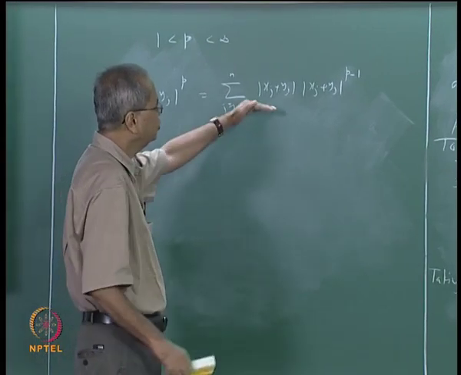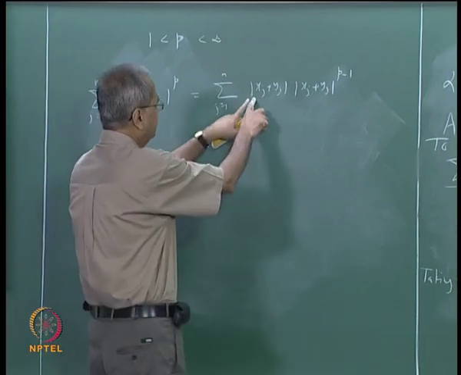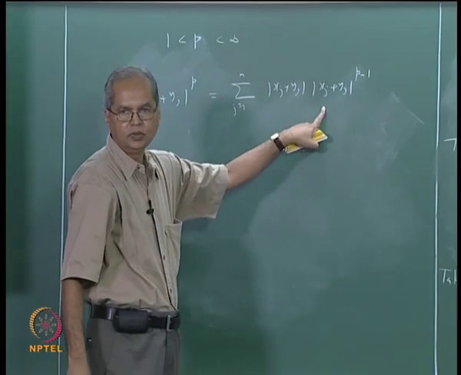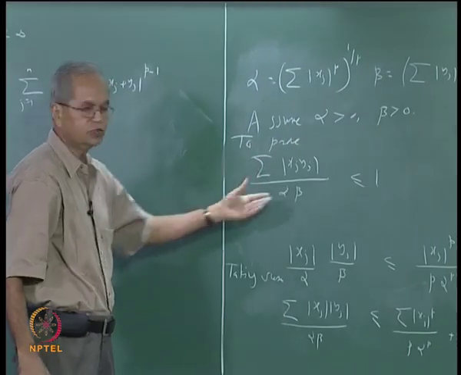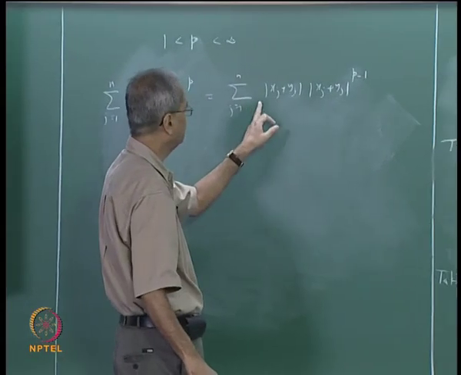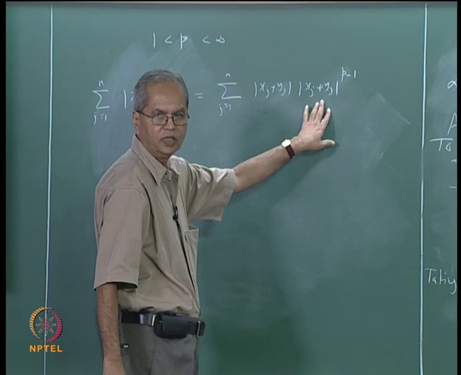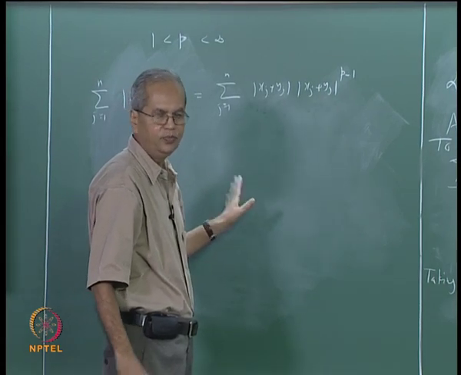Now to this I want to apply Holder's inequality. I will take these numbers as xj's and these numbers as yj's, because we have something like sigma mod xj yj. So similarly we have sigma over j of something depending on j multiplied by something depending on j.